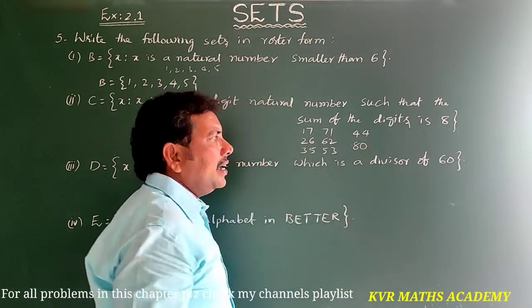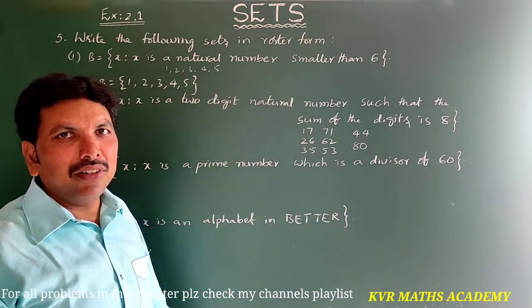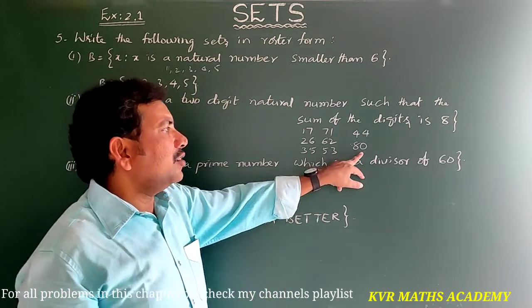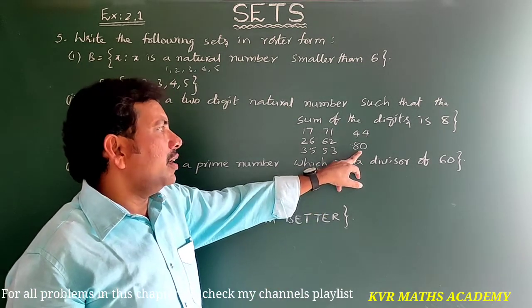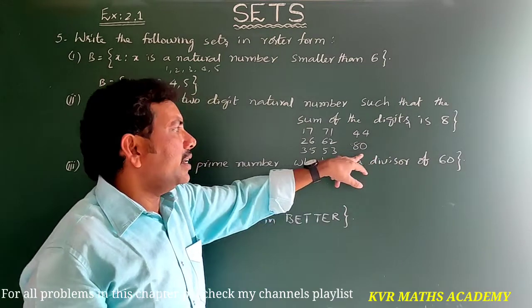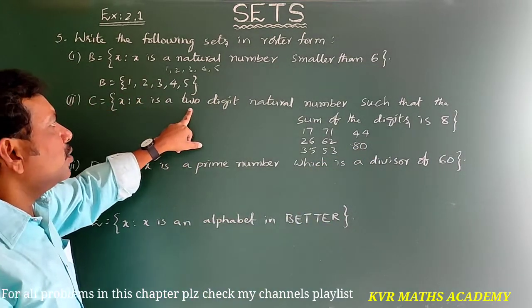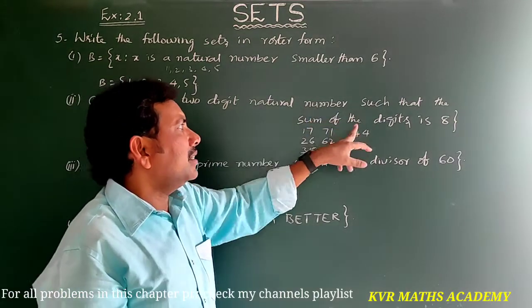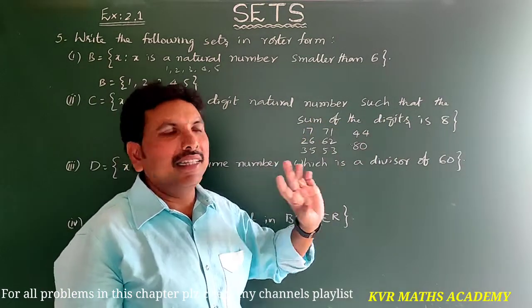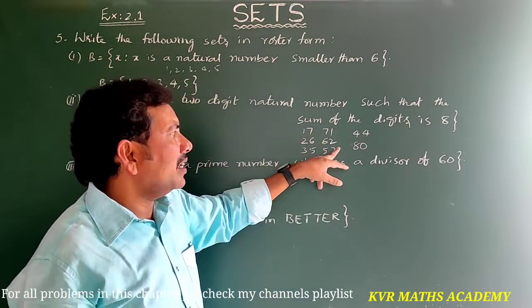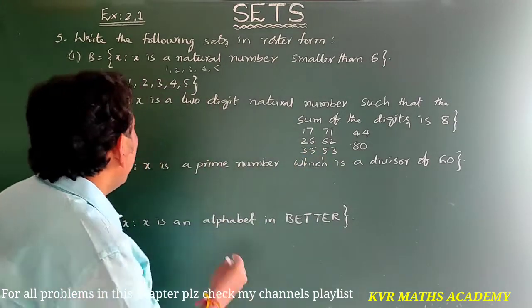80. 8 plus 0 is also 8, and it is also a natural number. So that is X, a 2-digit natural number such that the sum of the digits is 8. So how many? 1, 2, 3, 4, 5, 6, 7, 8 are there. So write down.